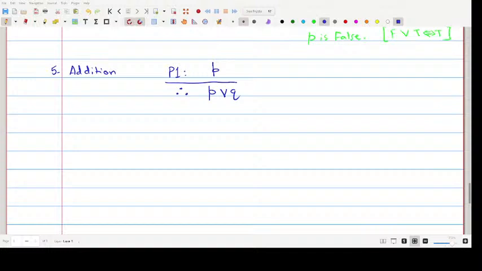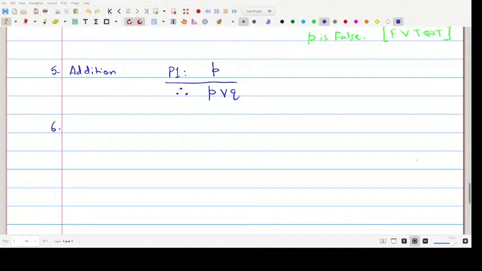Since P is true, it does not matter whether Q is true or false. The disjunction of a truth with another proposition, regardless of that proposition being true or false, is going to be true again. So this is the rule of addition.